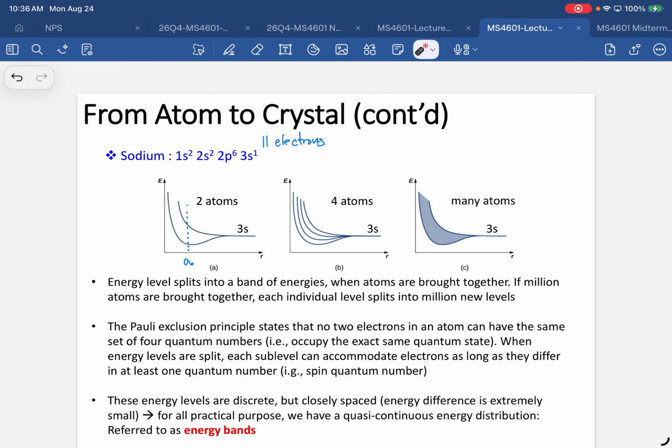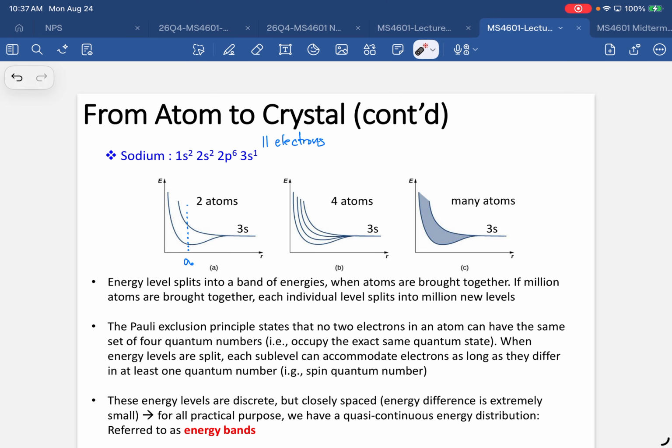Think about it this way. Now we have a million energy splittings within this shaded area. Technically, the energy difference is very, very small. What that suggests is that the energy levels within this shaded area are quasi-continuous.